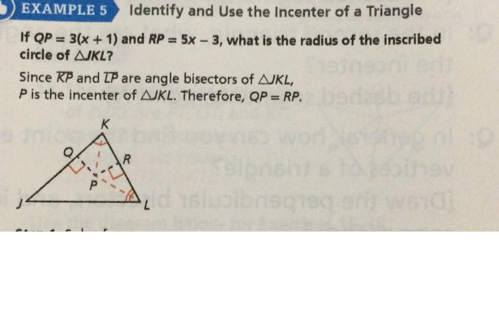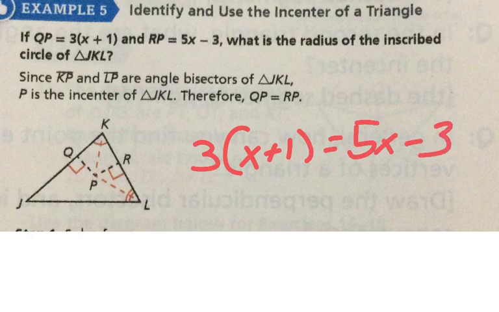So these two, 3 times x plus 1 and 5x minus 3, are equal. They're the exact same number because all those distances are equal from that point P. So we could say 3 times x plus 1 equals 5x minus 3. And then we would have to solve this.